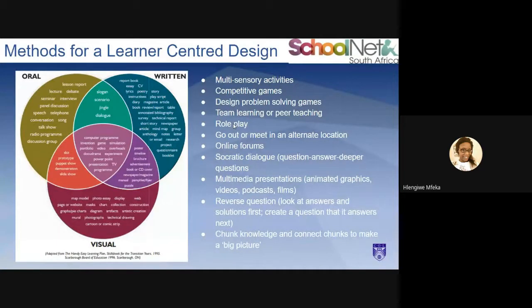Now, when you're looking at our diagram on the left-hand side, it includes examples of activities that you can use. I like this diagram a lot, because when you look at your design and your design only includes the green part, it means it doesn't accommodate other learning, how do you call it?